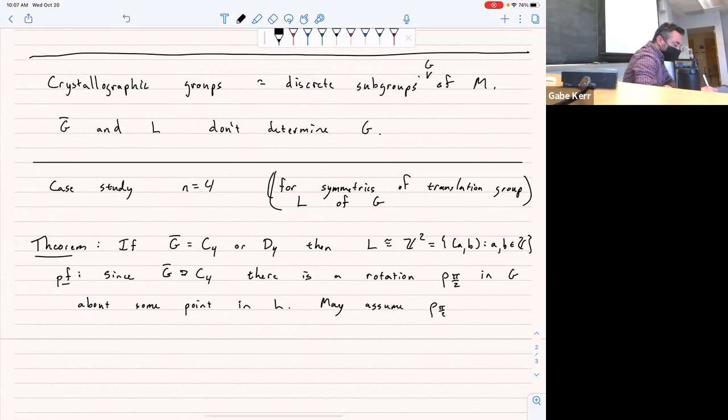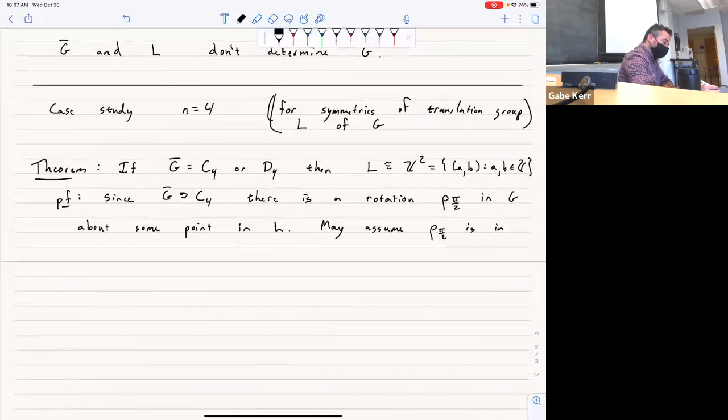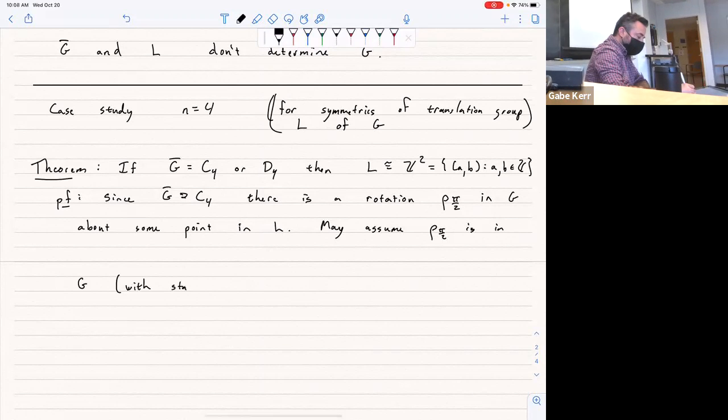Can't always do this with reflections, but we can do this with rotations. If you don't like that, you can say, well, let's fix our coordinates at this point. Since it's a rotation about some point, we may as well assume that point is 0.